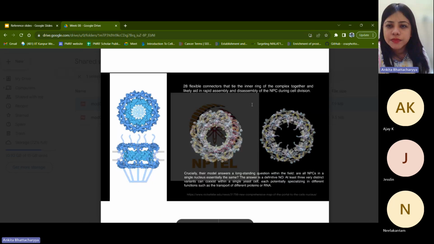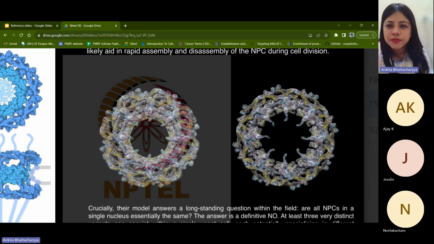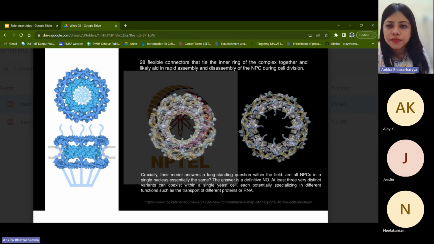Here what you see is the realistic image of what is happening inside the cell, a space filling model, but more realistic than the representation that you were seeing before. This is how the nuclear pore complex actually looks. There are 28 flexible connectors that tie the inner ring of the complex together and that are likely to aid the rapid assembly and disassembly of the nuclear pore complex at the time of cell division.